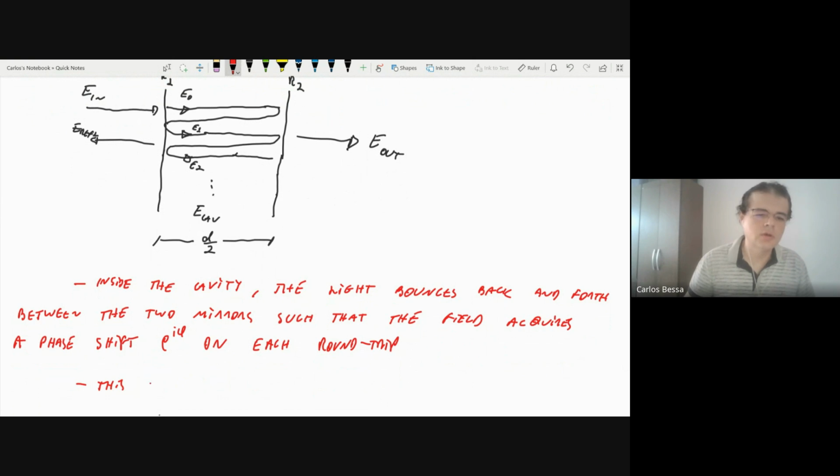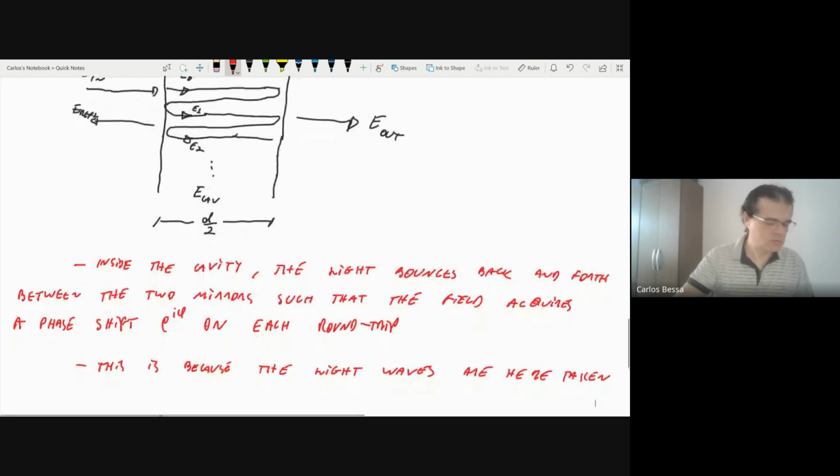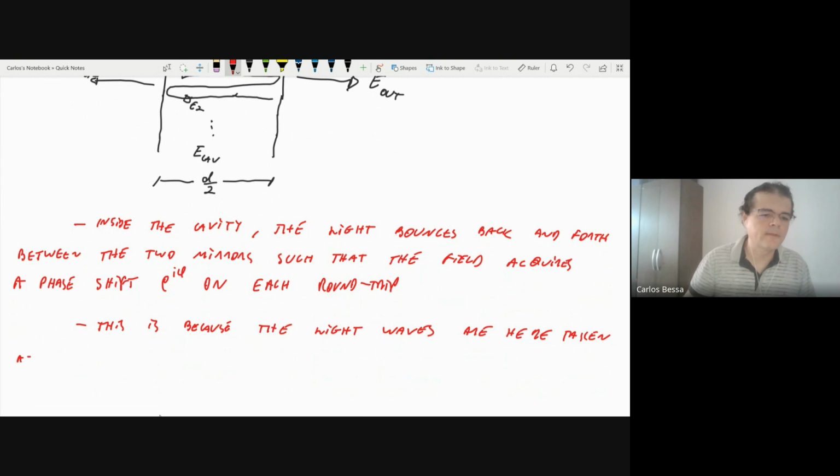And this is because the light waves are taken as traveling with electric fields of the form.